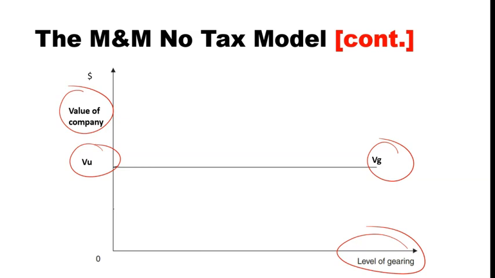So according to this M&M no tax, value of the firm ungeared is equal to the value of the firm which is geared. Okay, I think we need to look at a more convincing example in figures. All right, let us look at this problem in figures and see if we can make sense out of this presentation.